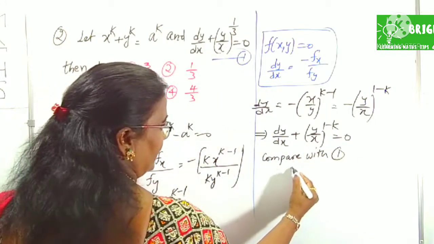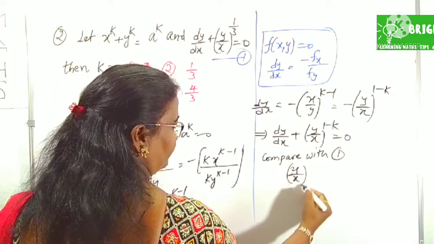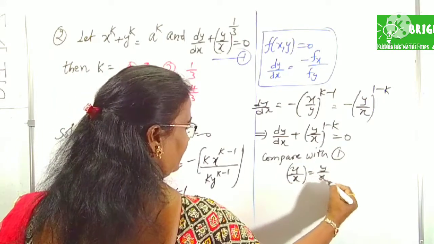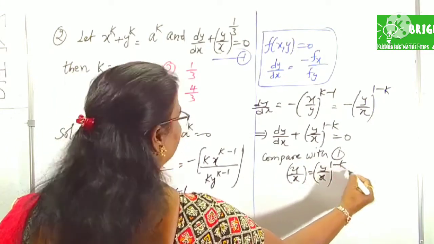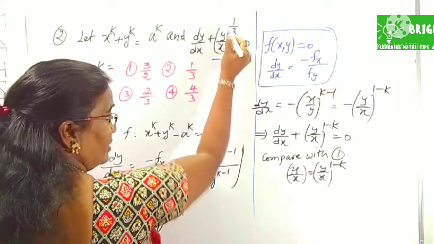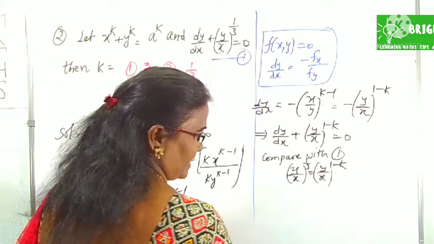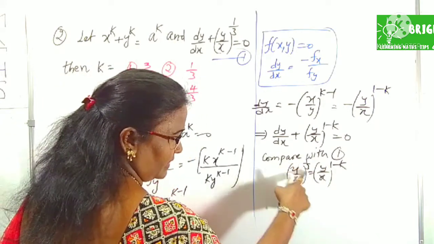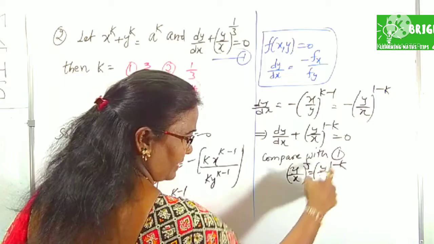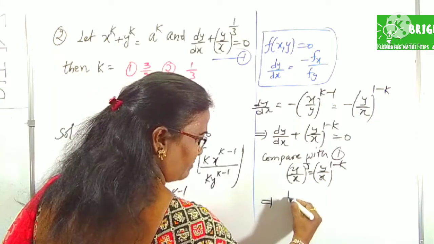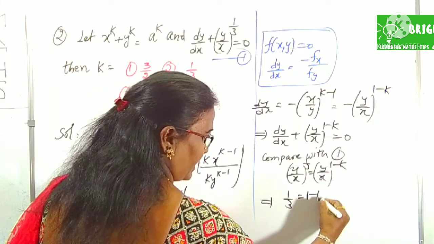Now (y/x) whole power 1/3 equals (y/x) whole power 1 minus k. What is the power of y/x here? 1/3 on the left side, 1 minus k on the right side. We can equate them: 1/3 equals 1 minus k.